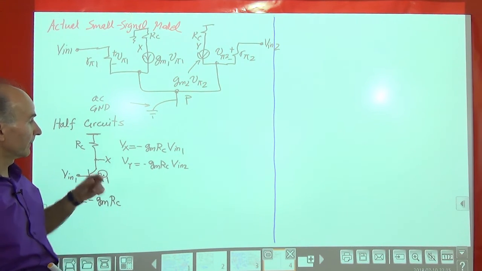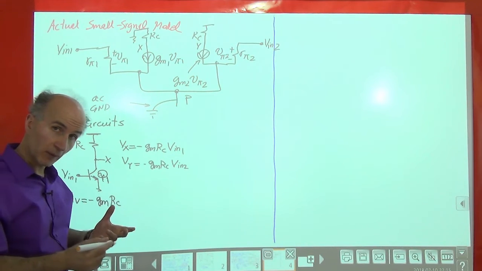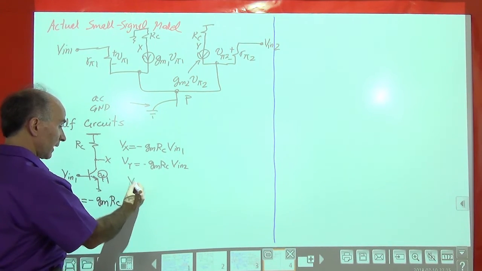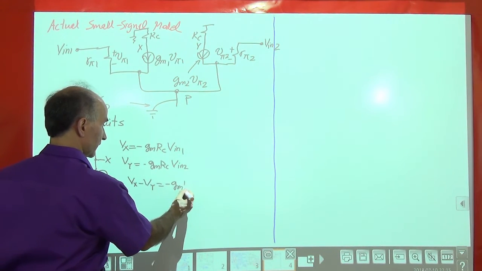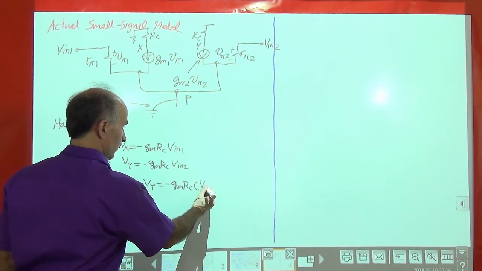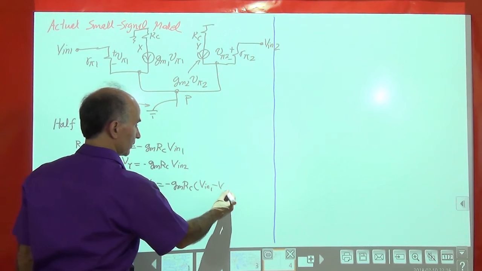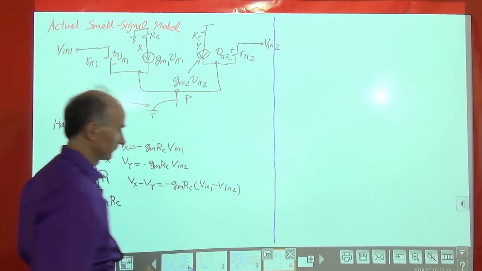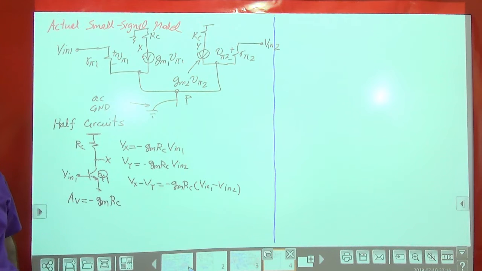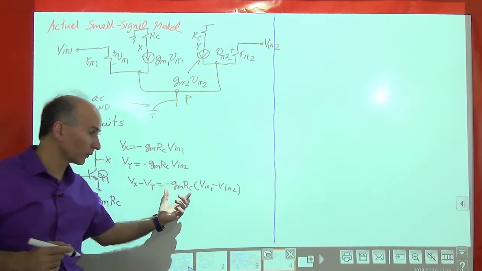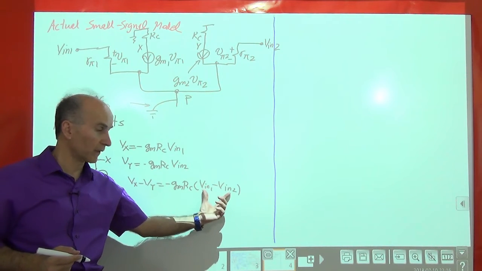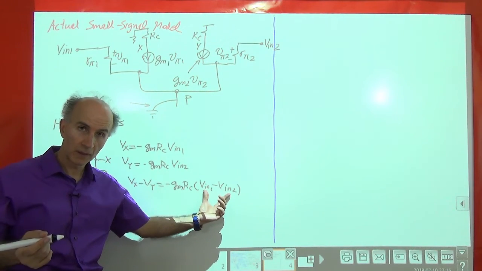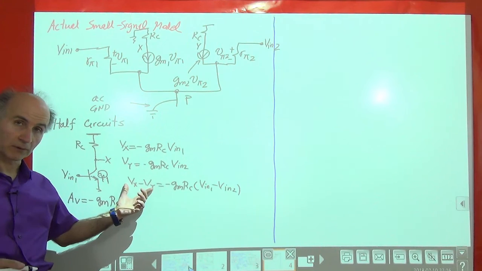All right, so I'm interested in the differential output voltage. So Vx minus Vy equals minus Gm RC times Vin1 minus Vin2. So it makes sense to call this the voltage gain of the circuit. Why? Because in response to a differential small signal input, we got a differential output.